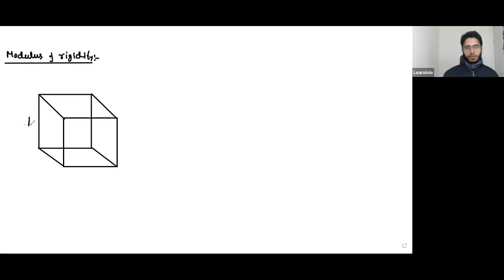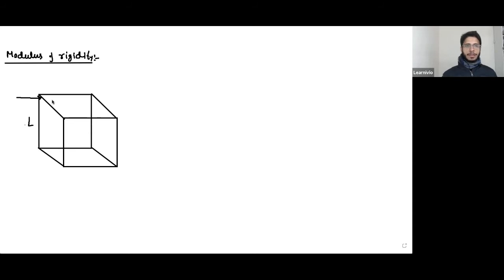Each side of the cube is L. This is the top face. So if I am applying a tangential force over the cube, and assume that the base of the cube is fixed and I'm applying tangential force on the top face, then there is a possibility that this face gets shifted.